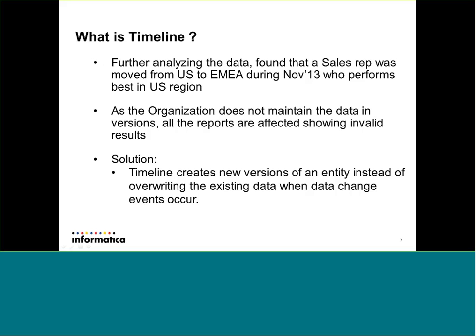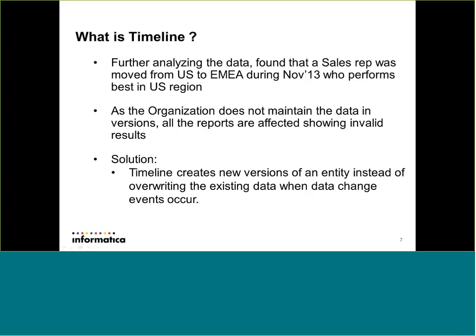Whereas when he moved to EMEA, only those efforts he has kept in the EMEA region have to be calculated in the reports. It's not that when we move one representative from one geo to another geo, all his past history will be moved to the new region, which is quite a big impact when we see it is a day-to-day scenario, which will be a big impact to the organization.